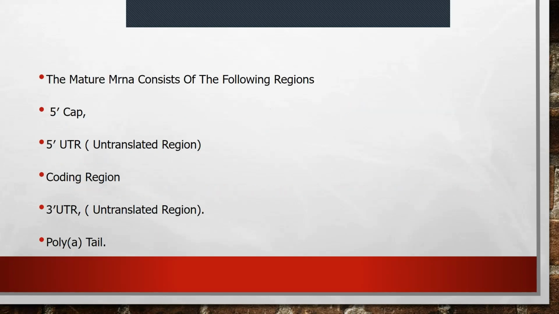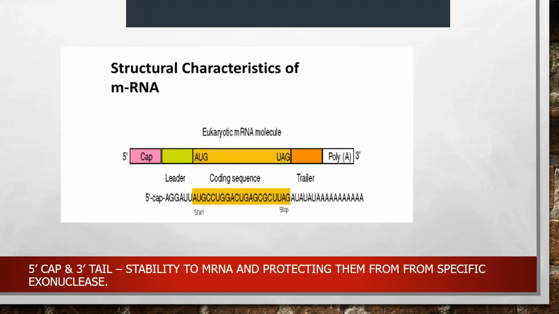The mature RNA has the following regions: a 5' cap, a 5' UTR, which is the untranslated region, a coding region, a 3' UTR, and a poly A tail. This is the structure of the mature RNA, where you have the 5' cap, and a poly A tail at the 3' end. You have the coding sequence where the start codon and the stop codon are present.